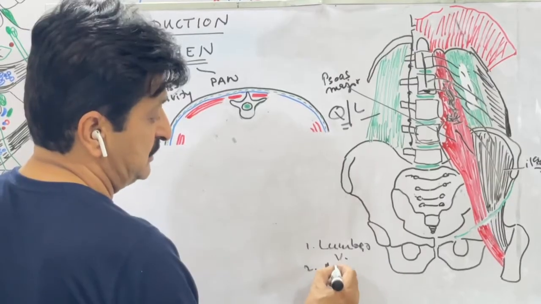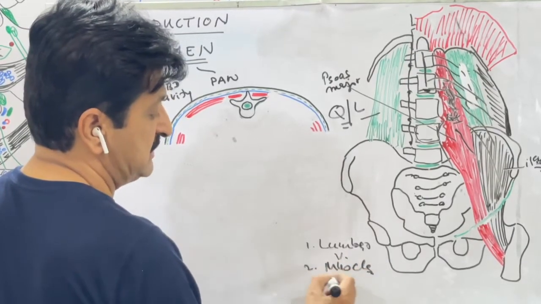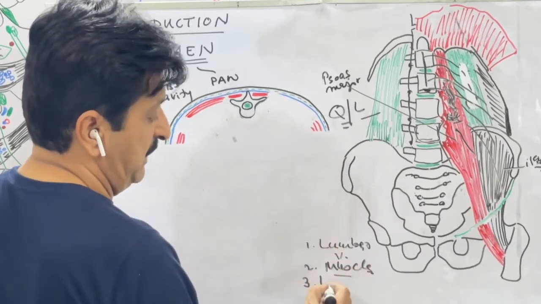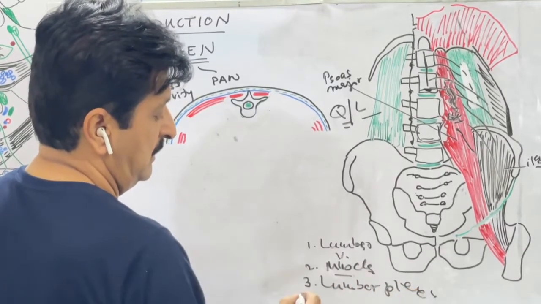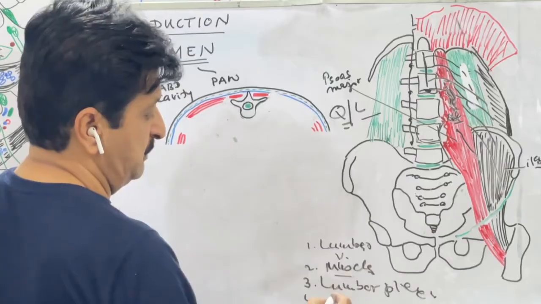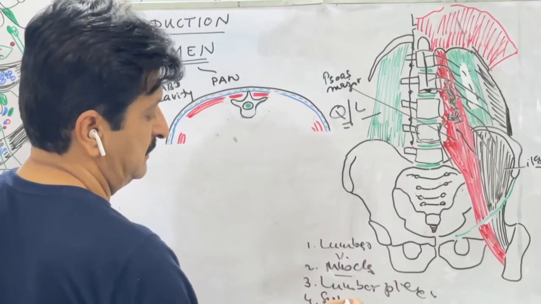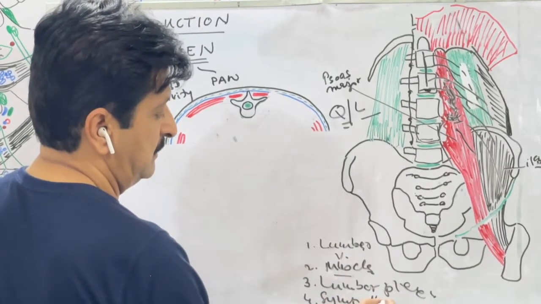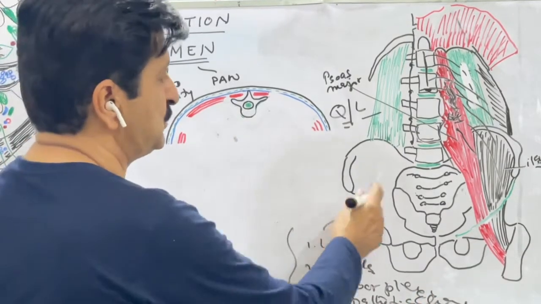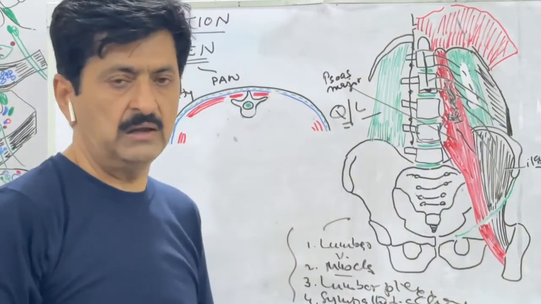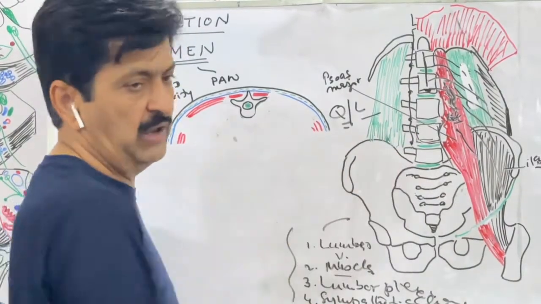Then the 3 muscles. Then the lumbar plexus. And then the sympathetic chain. So we have these 4 structures to develop here in your posterior abdominal wall.